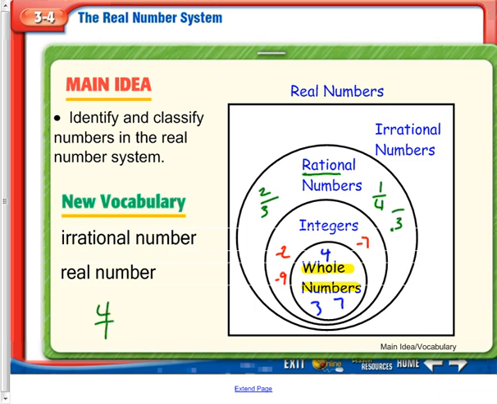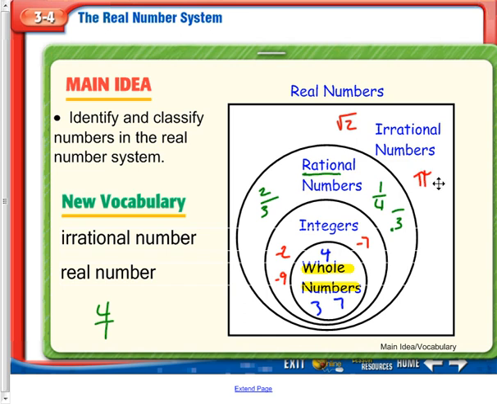Some examples of irrational numbers would be the square root of 2. Because 2 is not a perfect square, when you take the square root of 2, you're going to get a number that does not repeat as a decimal, and it never terminates either. It's kind of like the number pi.